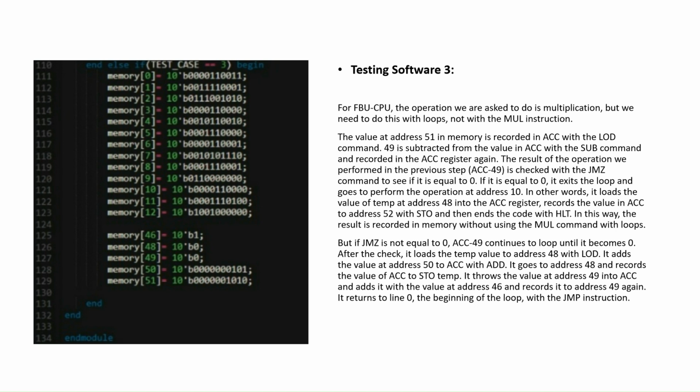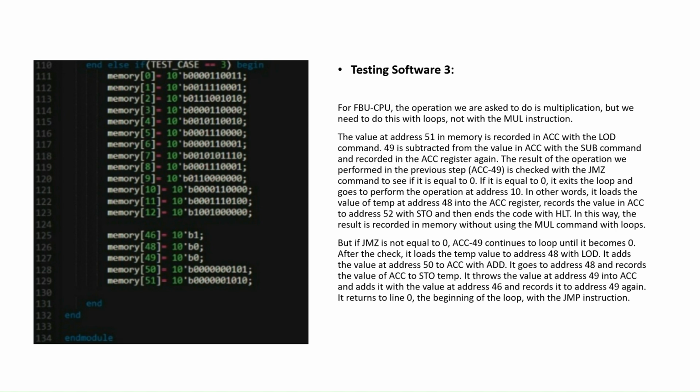But if it is not equal to 0, address 49 continues to loop until it becomes 0. After the check, it loads the temp value at address 48 with LOD. It adds the value at address 50 to ACK with add.